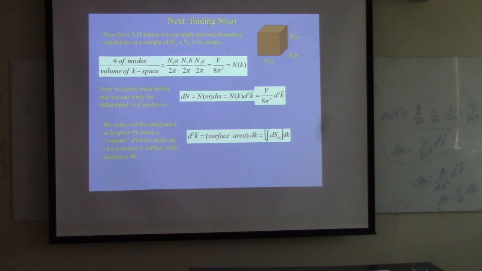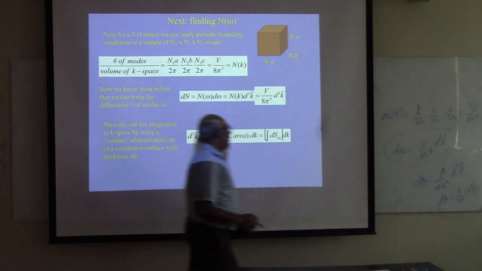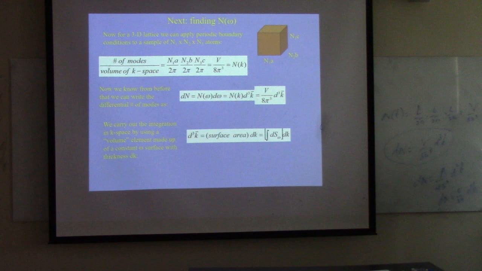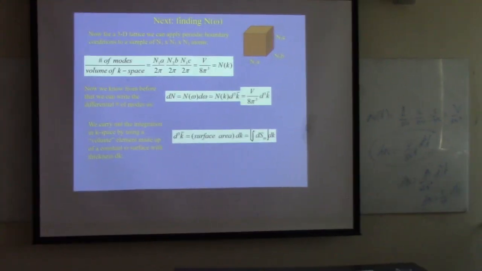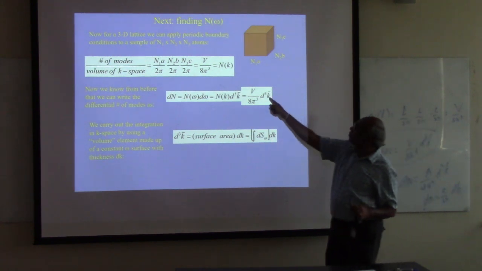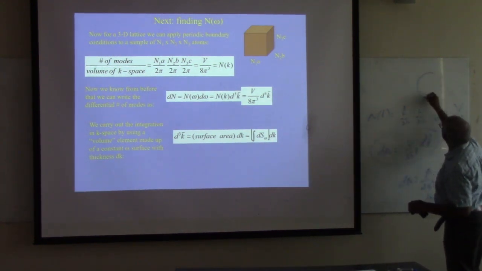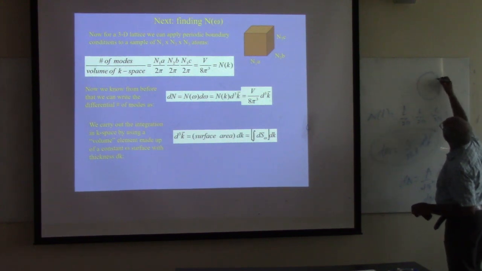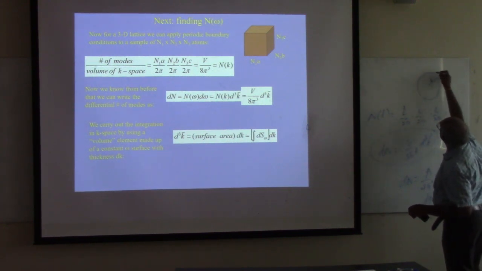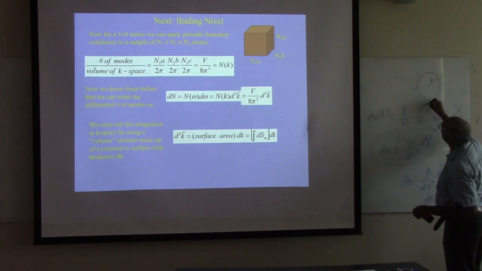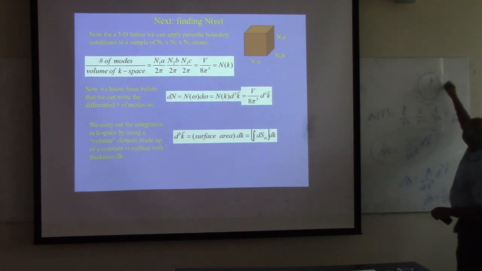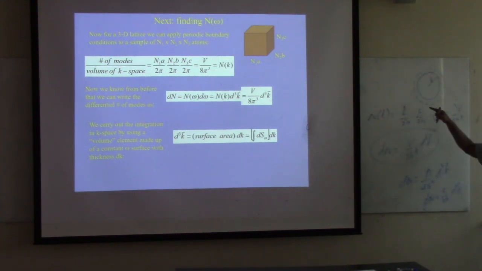I'll do it in a simpler way. Here d cubed k means volume, which is the sphere's area multiplied by dk. In three dimensions, if it is homogeneous, what is that area? 4 pi k squared, right?